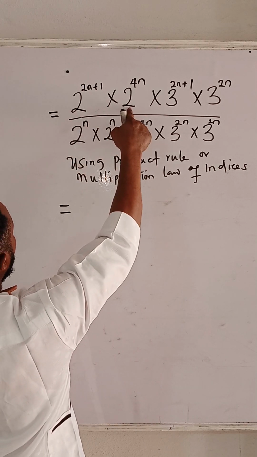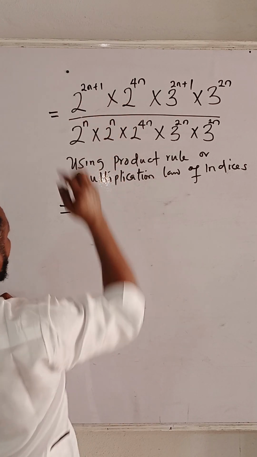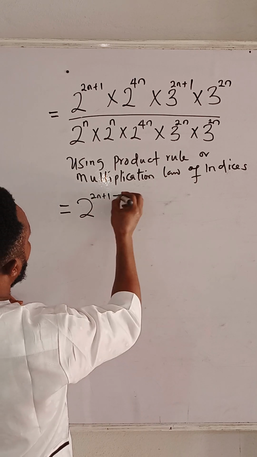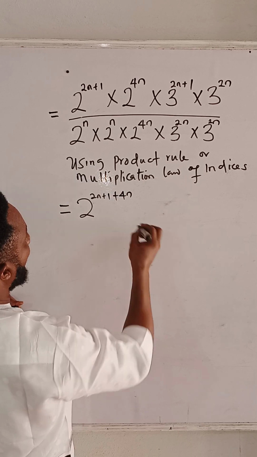If I use the product rule for this pair, it becomes 2 to the power of 2n plus 1 plus 4n.